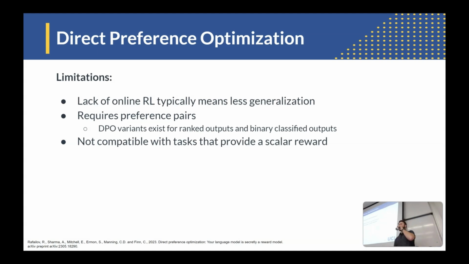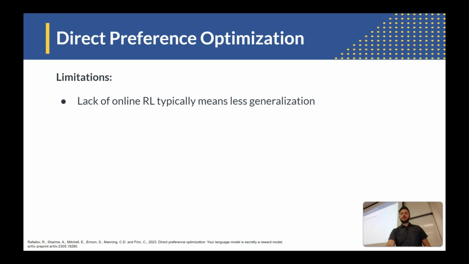Yeah, Rush? I was just curious as to why DPO works so well and something like unlikelihood doesn't. That's a good question. My intuition is that unlikelihood would just be like, if you have a bad output, do gradient ascent on it instead of descent, which is similar to what this is doing.